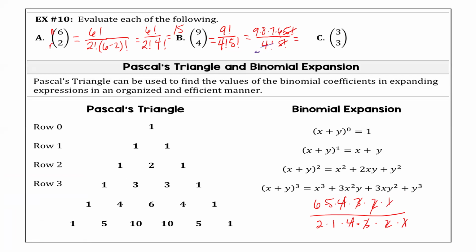4 factorial is 4, 3, 2, and 1. 4 and 2 make what? 8. Yeah. 4 and 2 makes 8. So guess what I just eliminated? 8. 3 can make my 6 and 2. So that also is gone.